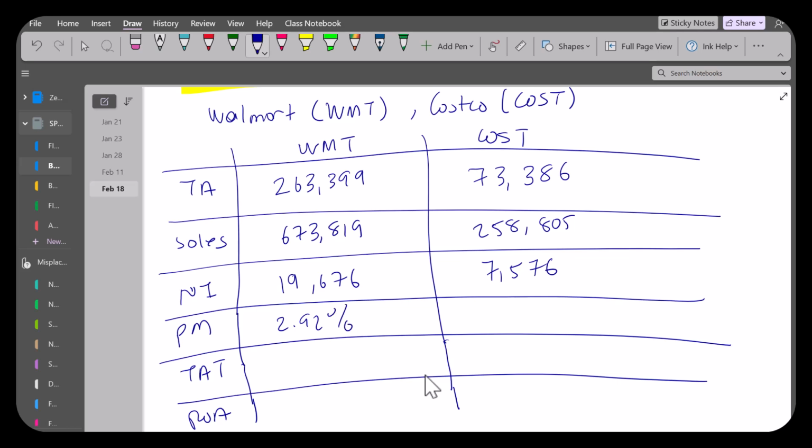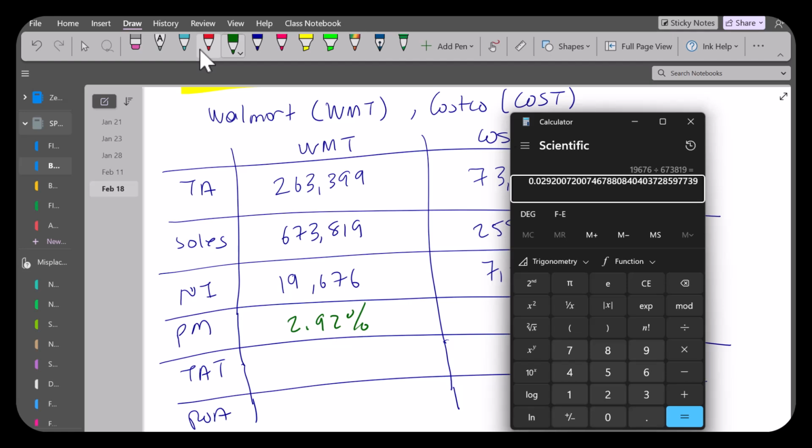Let me use a different color for that. Total asset turnover, 673,819 divided by total assets of 263,399, that's 2.558.